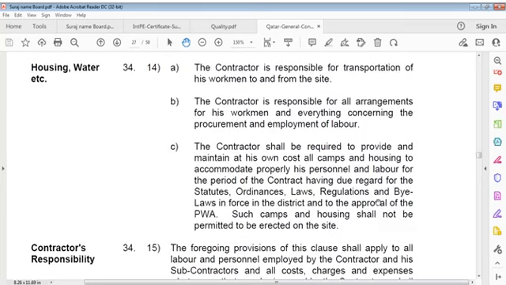Contractors shall be responsible for all arrangements for its workmen and everything concerning procurement and employment of workers.